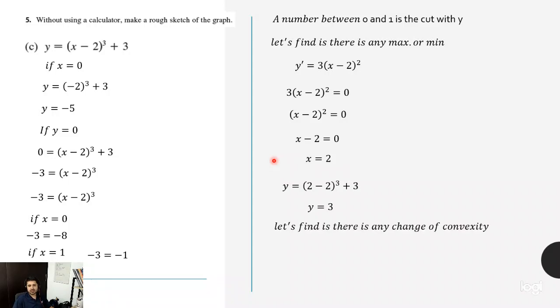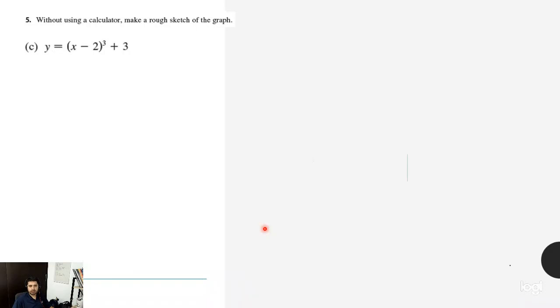Then let's find if there is any change of convexity. We take the second derivative. So we start from this one, and we have 6 times x minus 2. We just set that equal to 0. The 6 goes to the other side, so you just get 0 over 6, which is equal to 0. x is equal to 2.